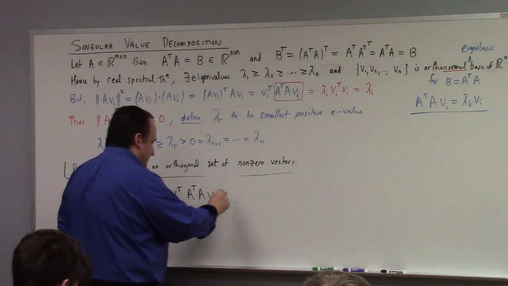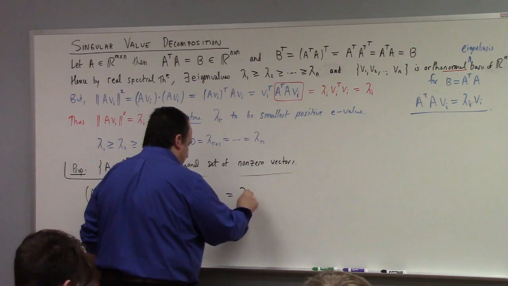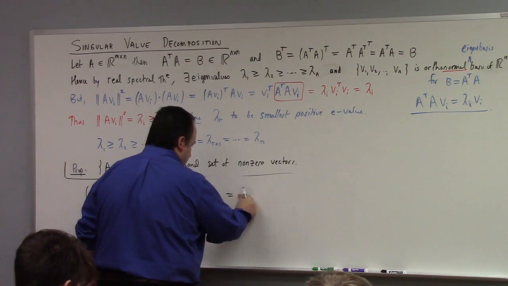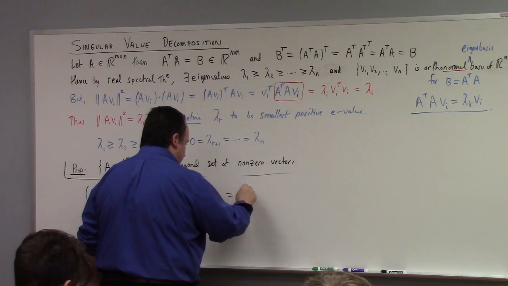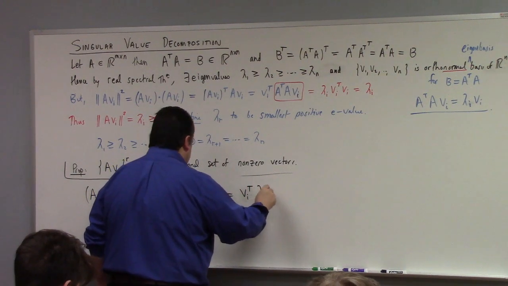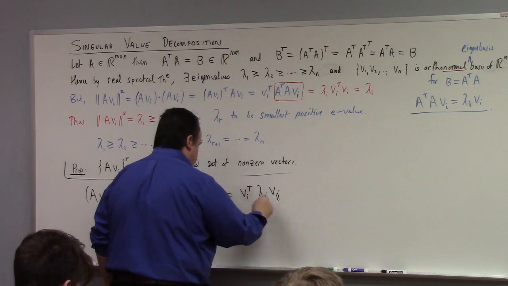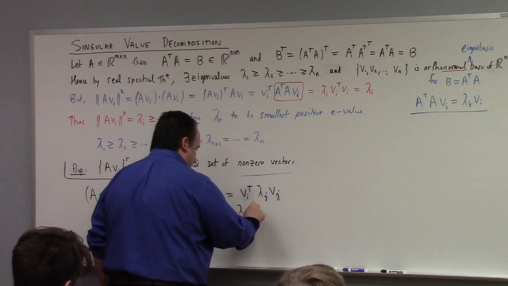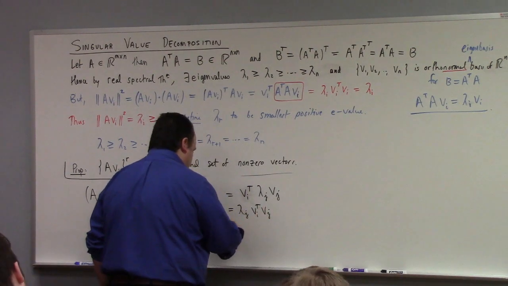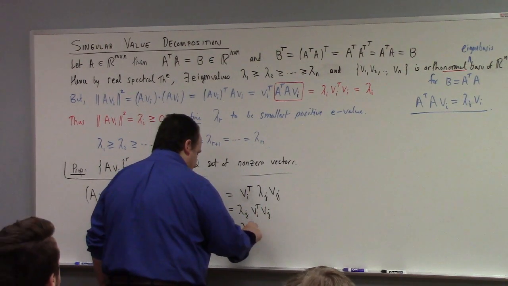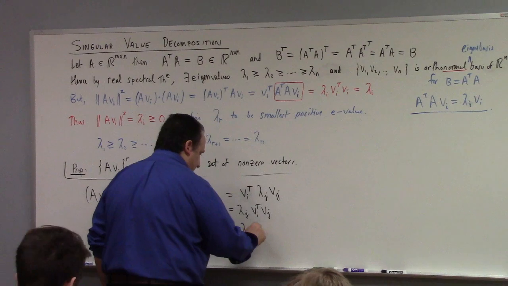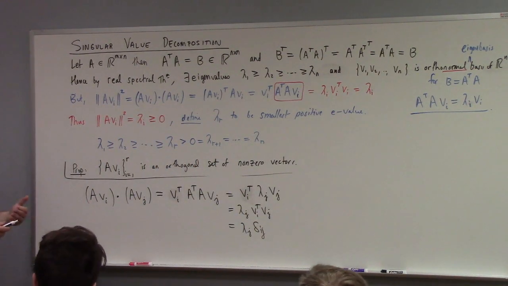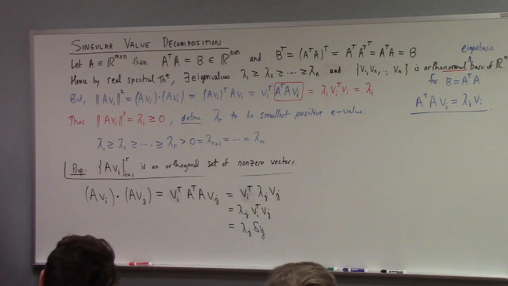So this is just lambda j, pull that out. One more step here: v i transpose lambda j v j, which I can pull the constant out. I've got lambda j v i transpose v j, right? Which is lambda j Kronecker delta ij, because we assumed that the basis, v1 through vn, are themselves orthogonal. In fact, they're orthogonal and normal.